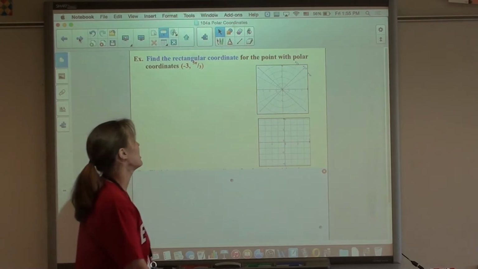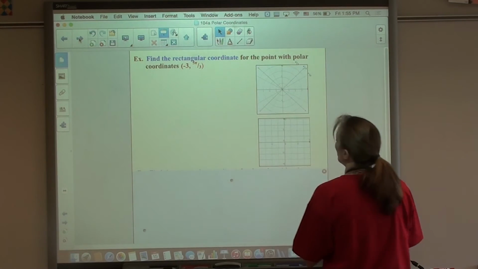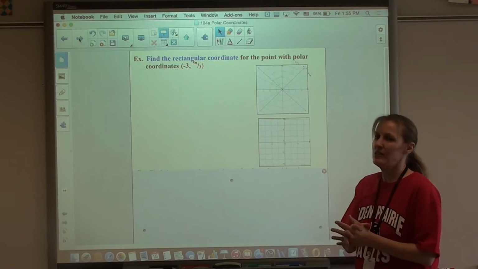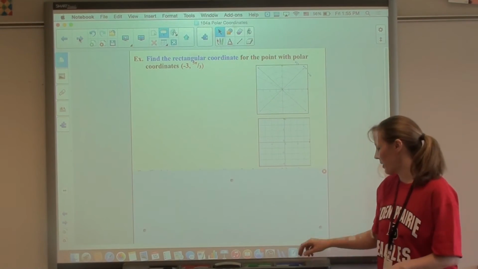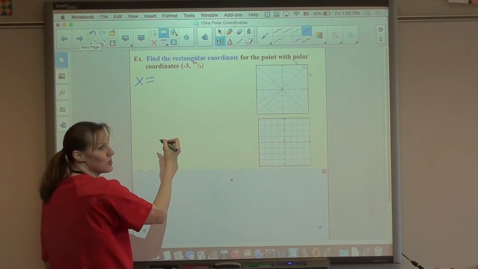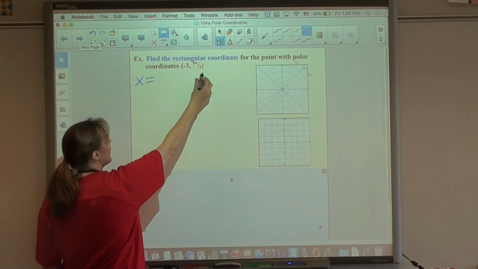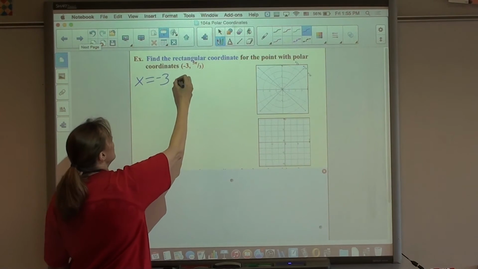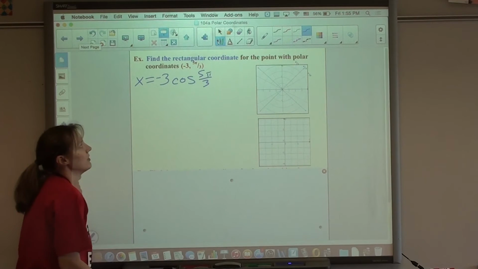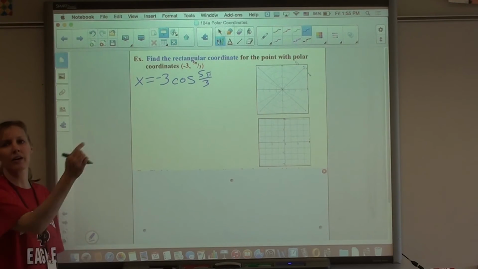Find the rectangular coordinates for the point with the polar coordinates -3, 5 pi thirds. These are straight up, very simple. So we know this is r, this is theta, and x is r cosine theta. You literally just plug the r and the theta in.